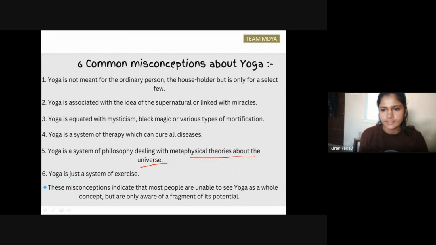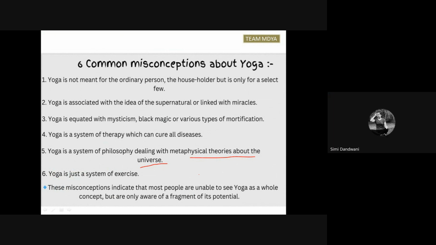No doubt yoga is this, but it's not just limited to this. No doubt it is included in yoga. But as we have seen in the previous slide, yoga is end as well as means. So it's a part of yoga. It's not the complete yoga. That's why it comes under the misconceptions about yoga. Did you get it? Okay. Yes, got your point. Okay.